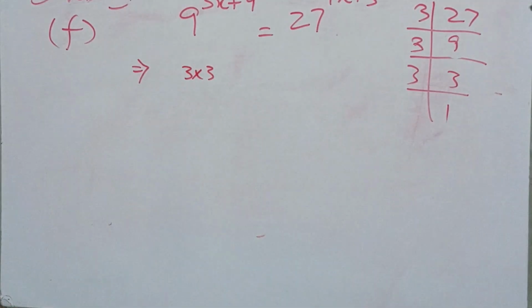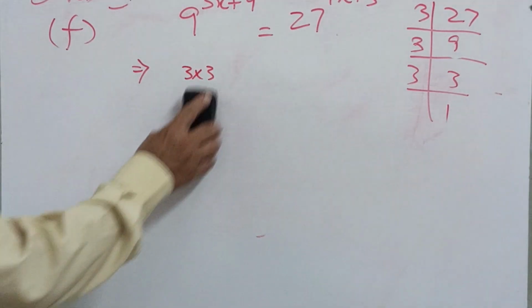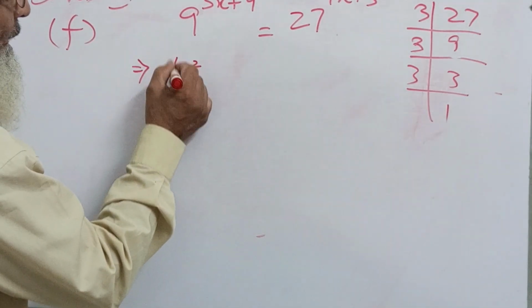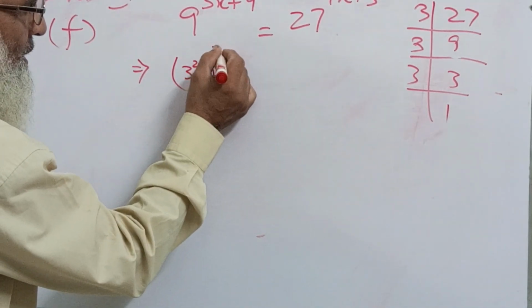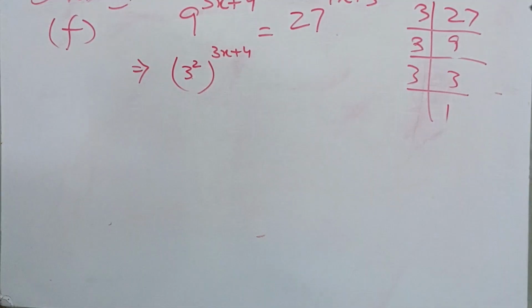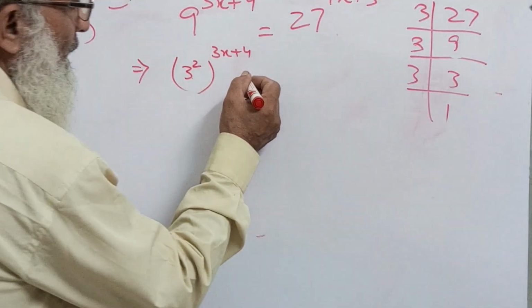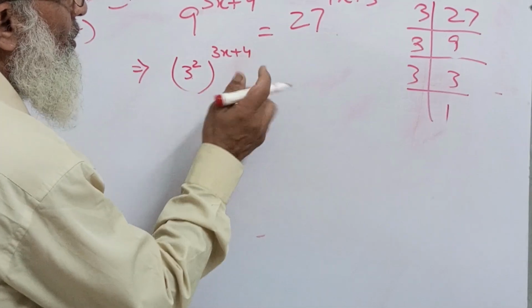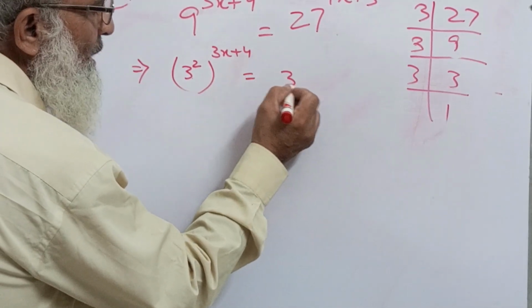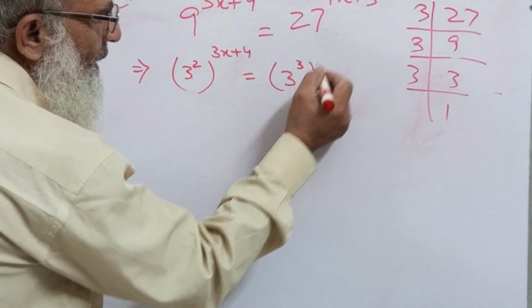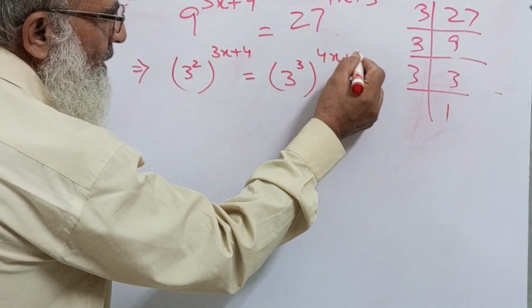You can write it as 3 square raised to power 3x plus 4. Agreed with my statement? Okay, now I'll proceed further. Now this is 27, 3 multiplied by 3 multiplied by 3, and again it is raised to power 4x plus 3.